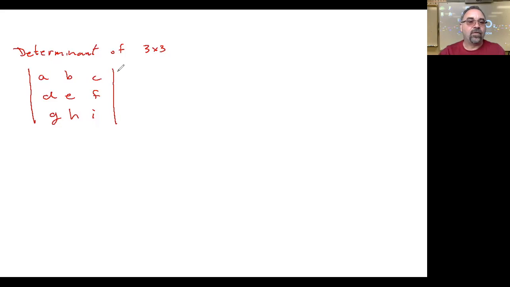So first things first, the one method is kind of an interesting method. You sort of cheat. You take your first 2 columns and you copy them over, like so. And then we're going to multiply along the diagonals.